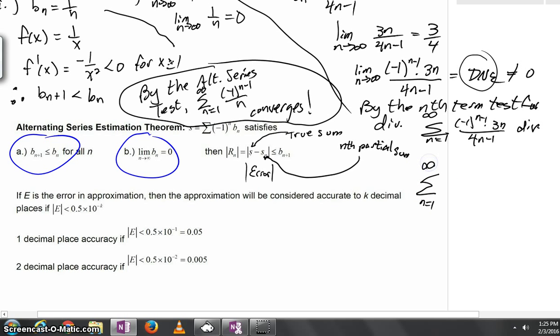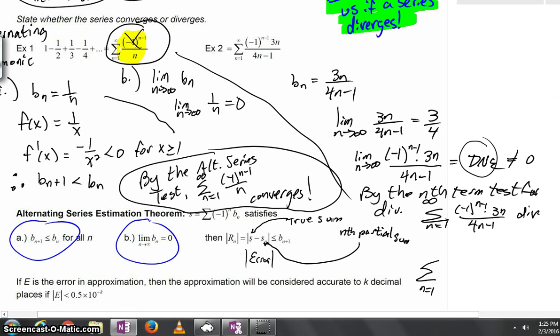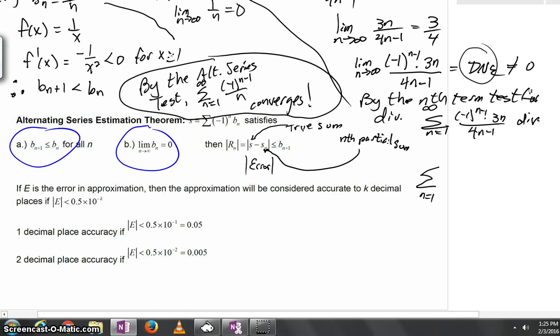Let's go back to example 1, where we had this formula, negative 1 to the n minus 1 all over n. And I said, hey, let's add up the first 10 terms. We could do that, right? So this is adding up the first 10 terms. You'd say, I wonder what my error is.